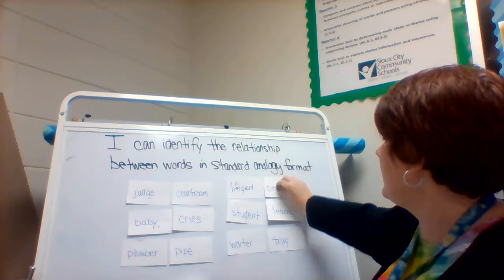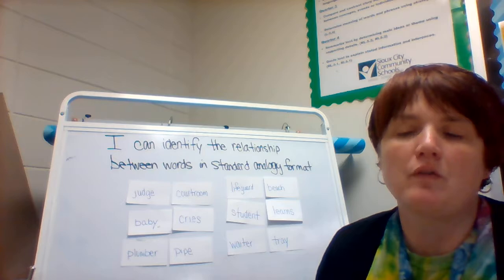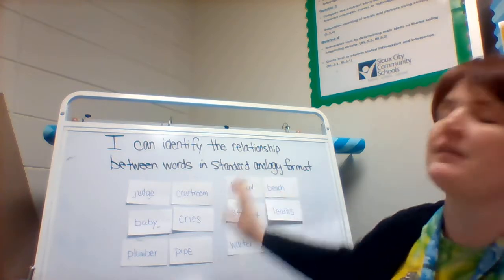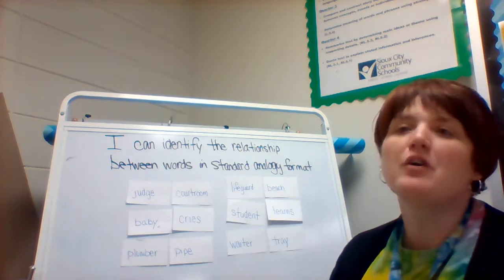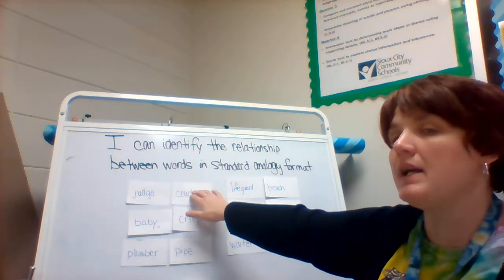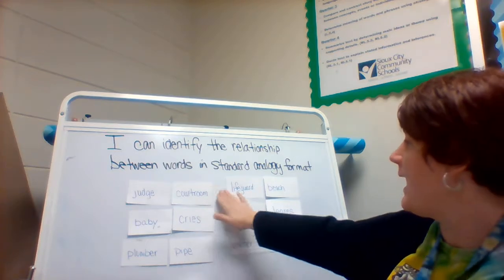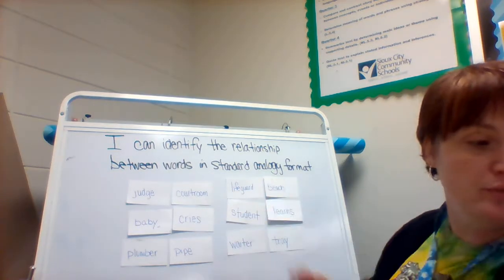When I thought about a lifeguard, maybe I thought about a pool, but since it's November, I would like to think of a lifeguard being at a beach. So my relationship here is a person to a location, and I have judge is to courtroom as lifeguard is to beach.